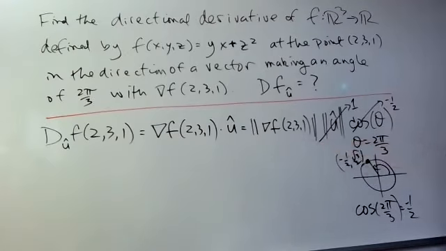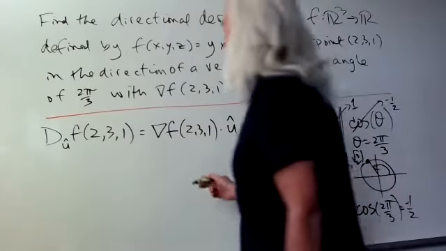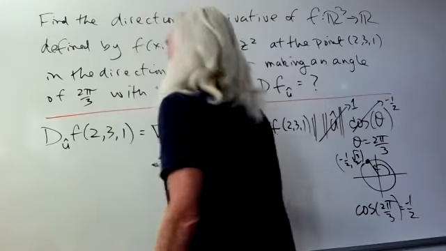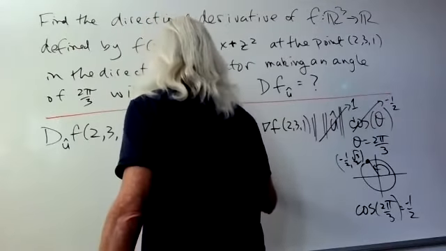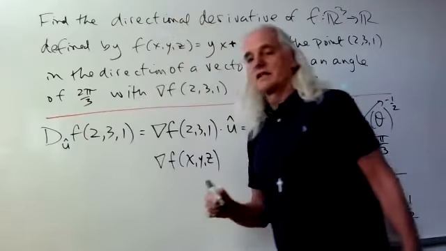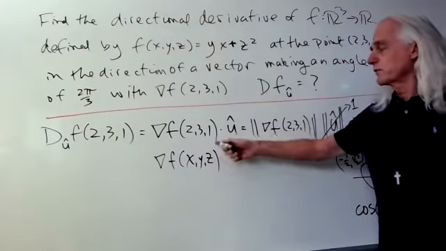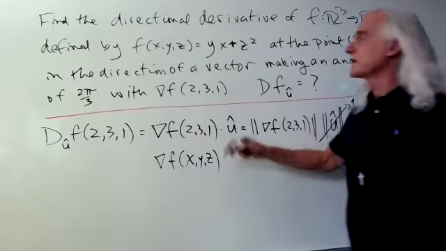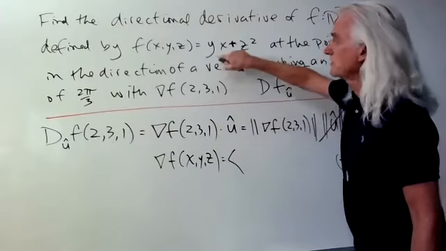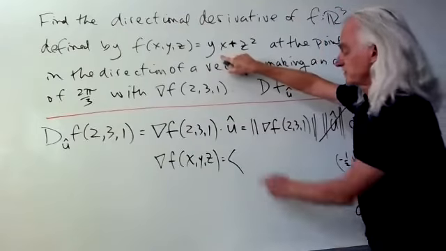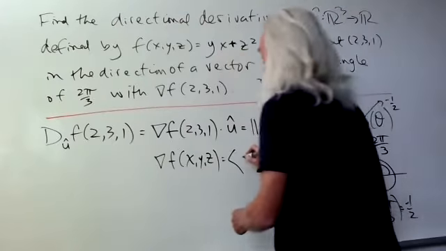So this thing here is negative a half, and all I need is the magnitude of the gradient of f. Well, the gradient of f at any point, which we need before we find the gradient of f at the point 2, 3, 1, is the vector where I take the partial derivative with respect to x as the first component. That's y.